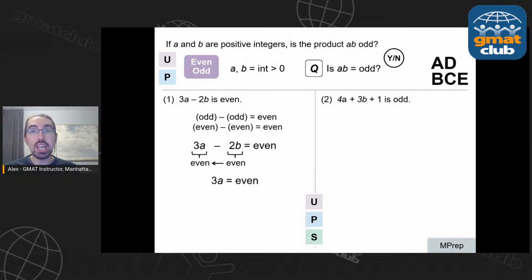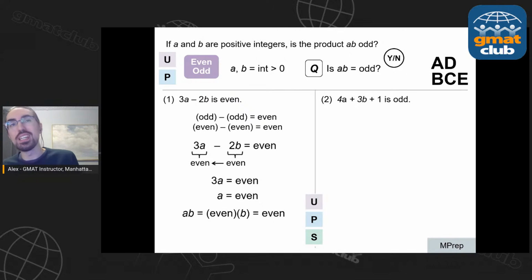And if we know that 3A is even, then we know that A by itself is even, because we have to have an even multiplied by an odd number like 3 to get an even value. So we know that A is even, and we know that we would need both of them to be odd for A times B to be odd.